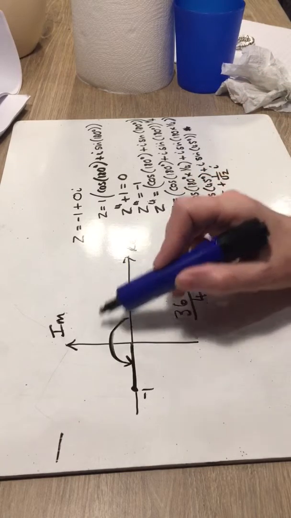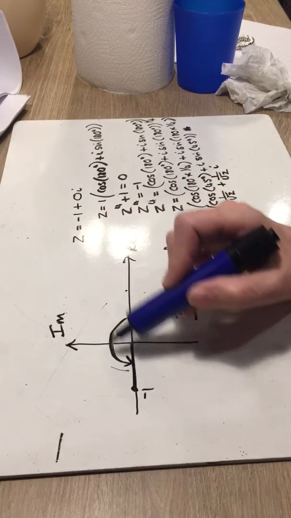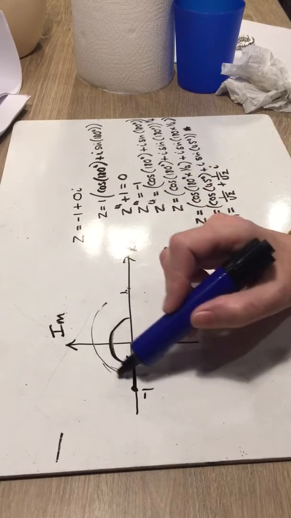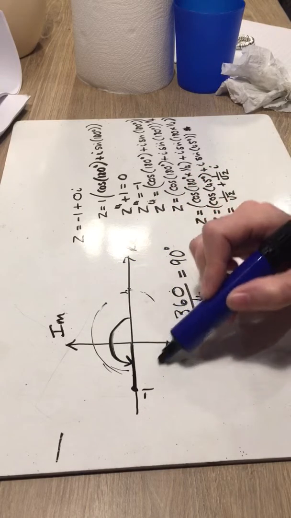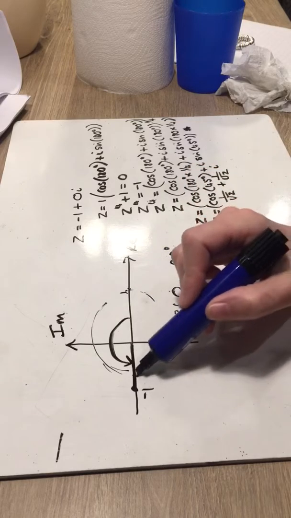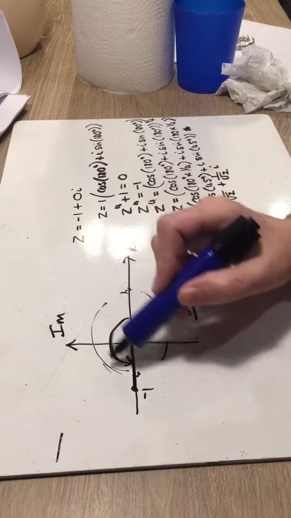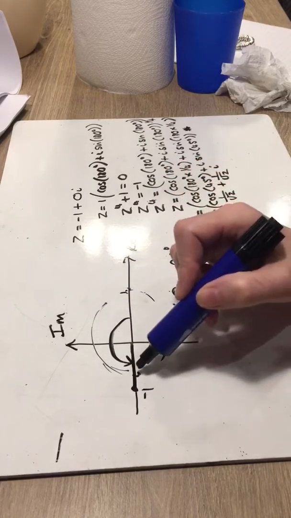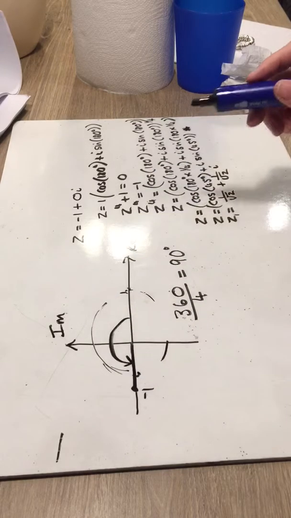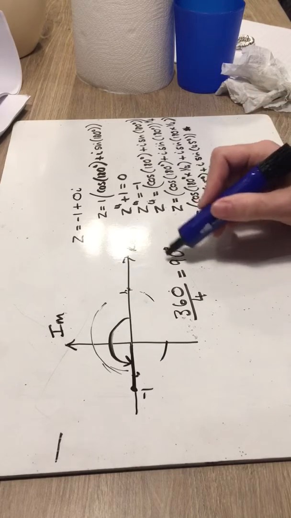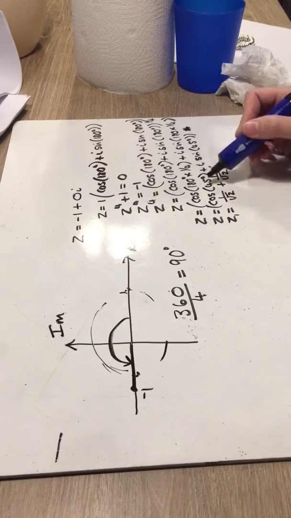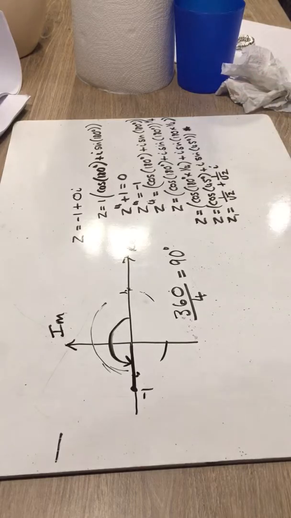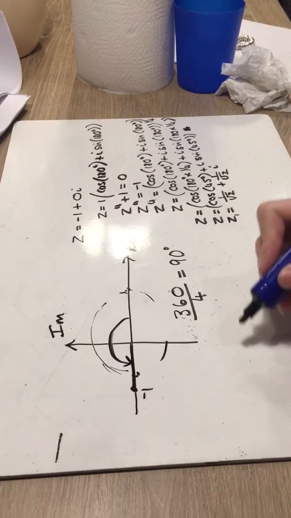Your arguments go from there to there, which is 0 to 180, and then from there to there, which is 0 to minus 180. So they have to range between positive 180 and minus 180. So we add and subtract 90 onto the argument until we get our 4 solutions, but not going above 180 or below minus 180.